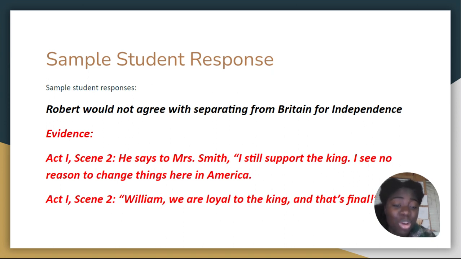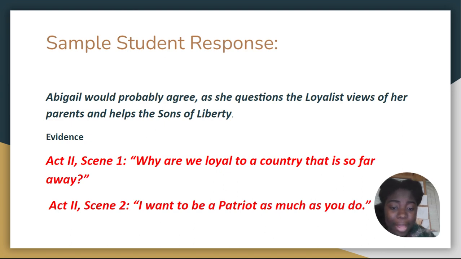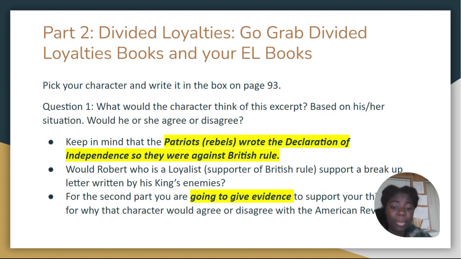So the book is loaded with examples. The book is loaded with evidence as to why each character thought what they thought. And now it's your turn to go dig in the book and find it. Okay? So, substitute, you may go ahead and pause the video.